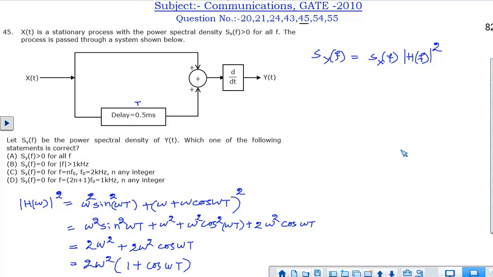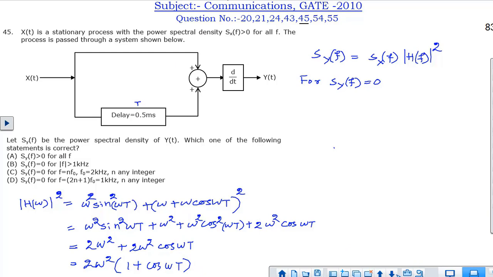So if you see, for the output power spectral density to be 0, this magnitude square has to be 0, that is this part has to be 0, and this part will be becoming 0 under two cases, that is when the frequency, that is omega, equal to 0, or this part is becoming 0.